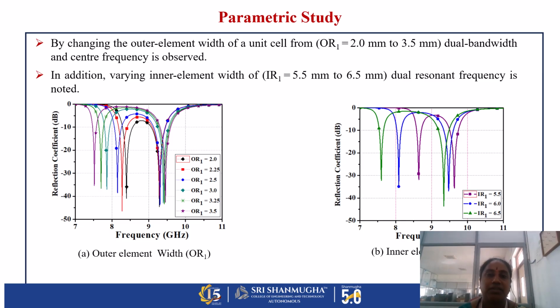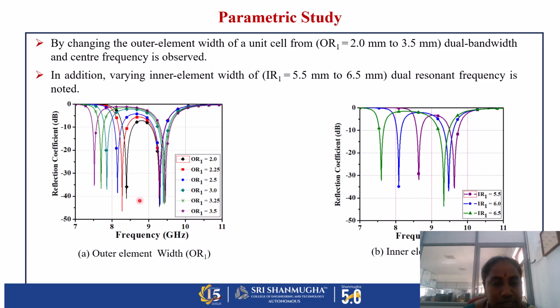And this is the parametric study of the elliptical FSS. By adjusting the various element values, that is width and length, we attain different resonant frequency and different bandwidth of the corresponding elliptical polarizer. Here I varied the outer element. OR is nothing but outer element. I varied the outer element from 2.0 mm to 3.5 mm.